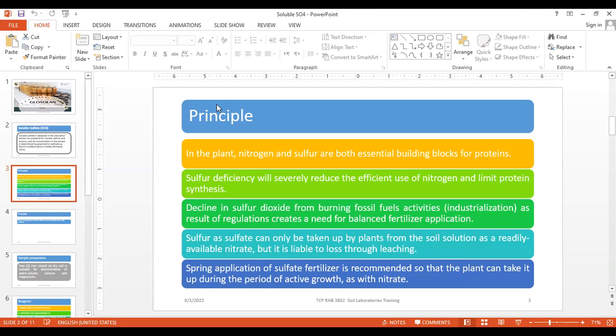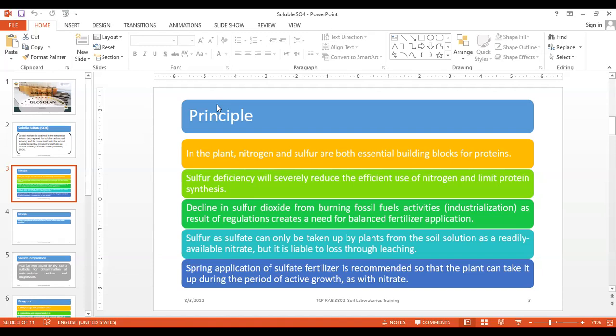During the industrial period, and still, the sulfur oxide that comes from the burning of fossil fuel added a substantial amount of sulfur to the soil. But recently there are many regulations that govern the production of sulfur dioxide from industry.